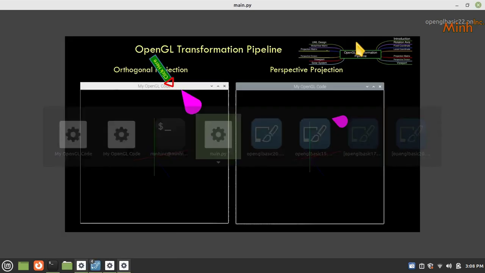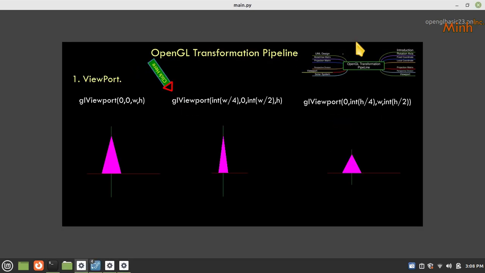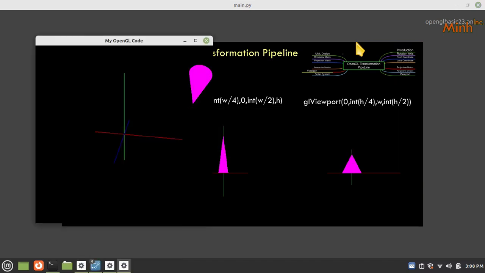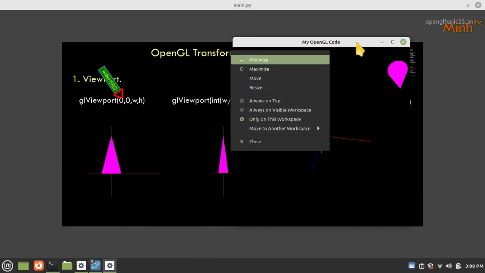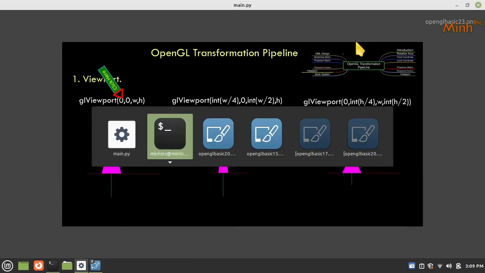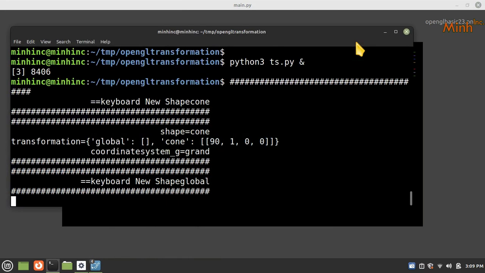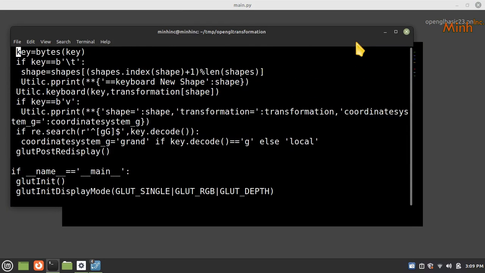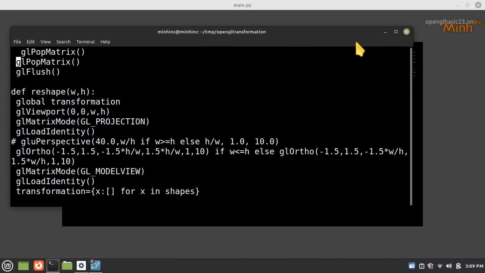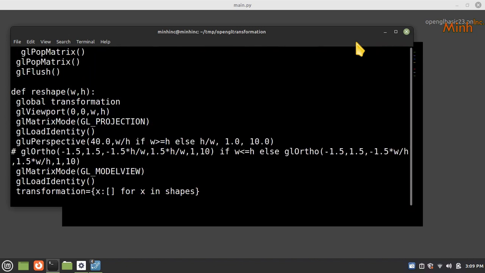We'll go with another one. How the viewport makes the difference. Whatever we are seeing is 0, 0, W, H. We'll try another viewport. We'll bring back ortho and modify the viewport.